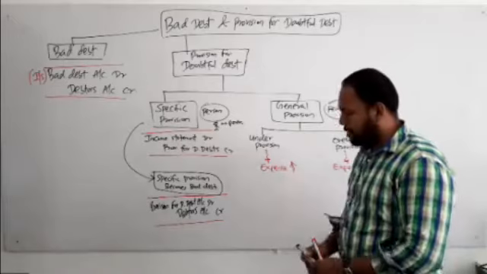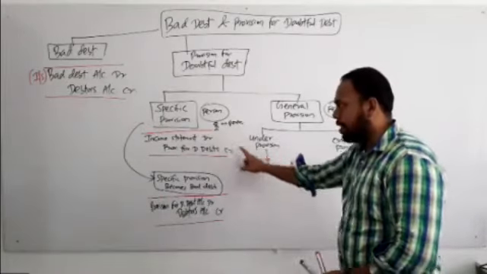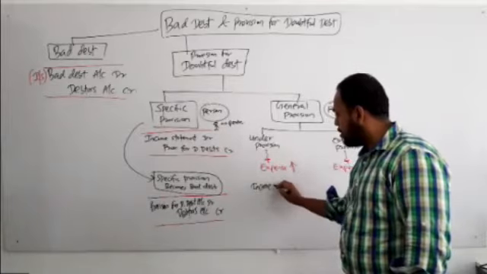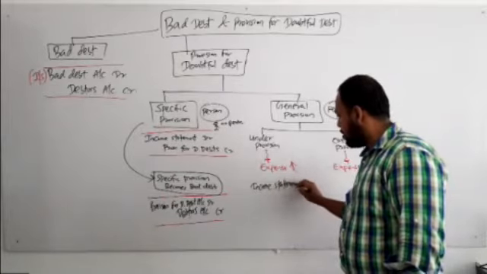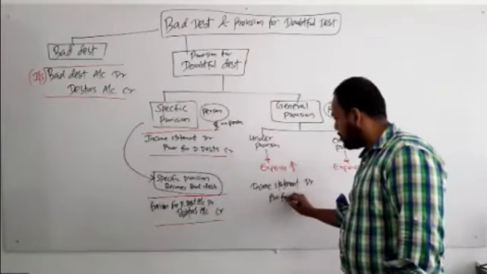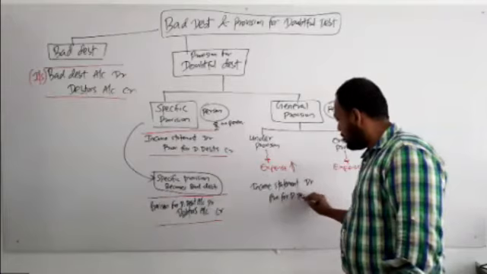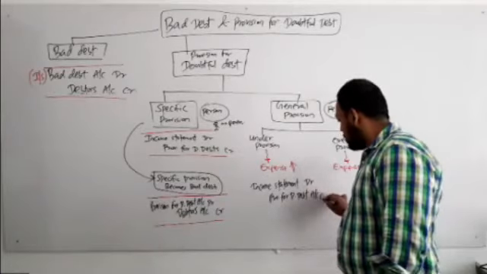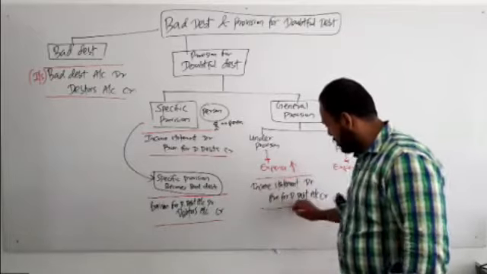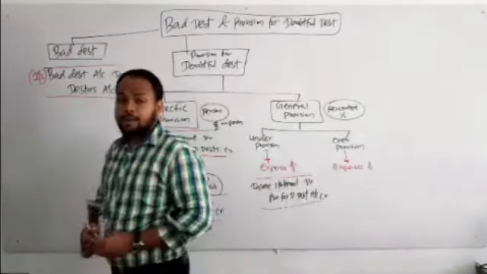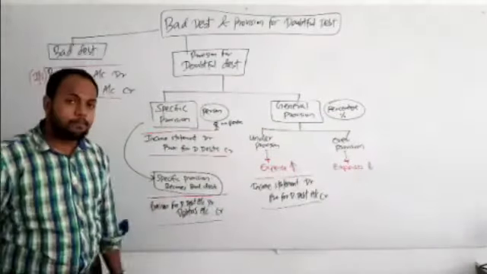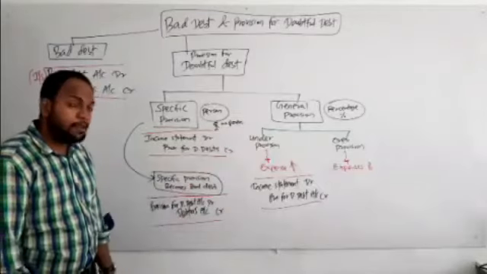Then under provision. Under provision is the same line: income statement debit, provision for doubtful debt account credit. Income statement expense account debit, provision for doubtful debt account credit. We will do a few examples; for now you can write it.